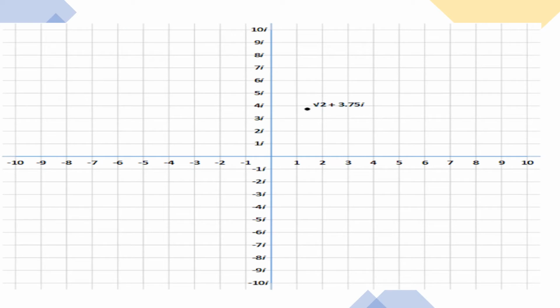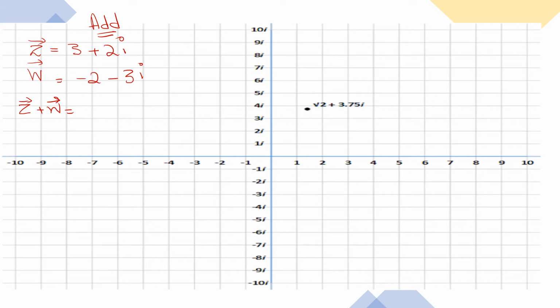Now let's see how to add two vectors. If the vector z is, for example, 3 plus 2i, and the vector w is, let's suppose, minus 2 minus 3i, and you have been asked to add the two vectors, it is very simple.